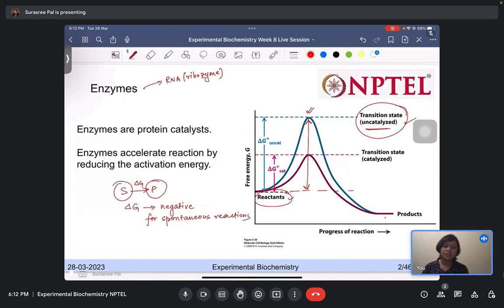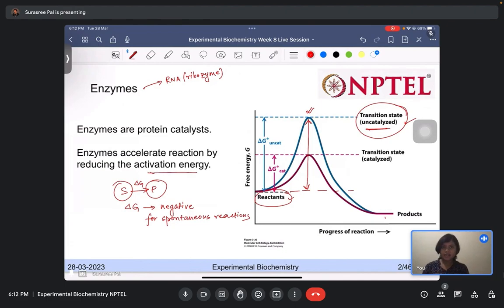If this reaction has to occur in absence of the enzyme, then the barrier of this activation energy is much higher. This energy is called the activation energy, the energy which is required for the substrate to be converted to its transition state.